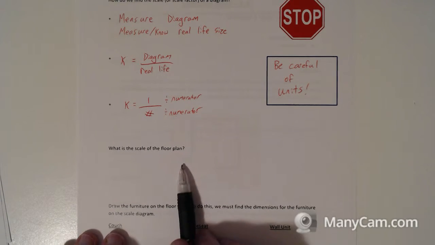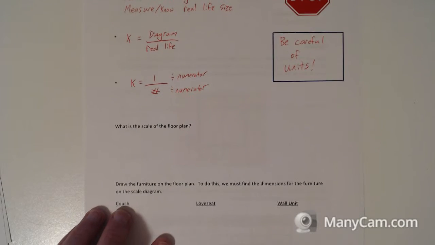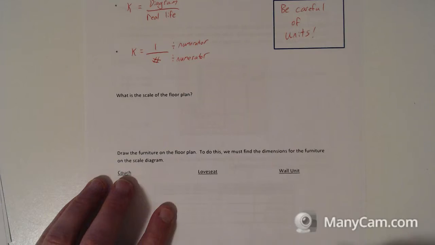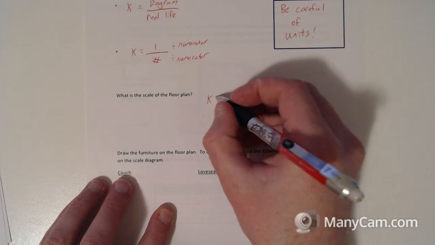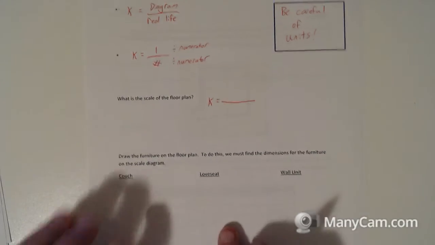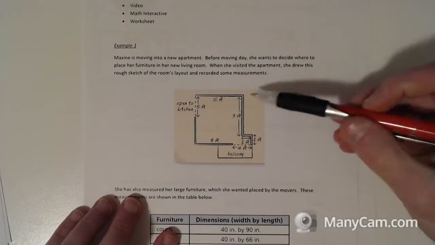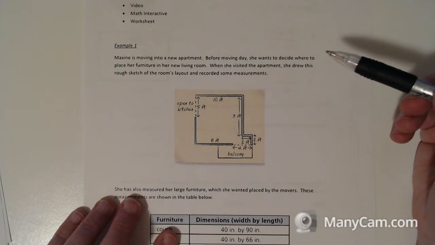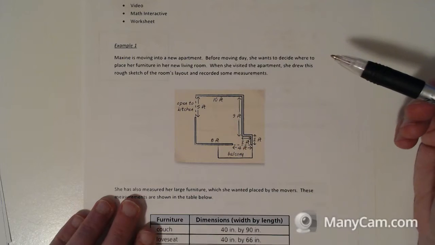So what's the scale diagram in your floor plan? I don't have a ruler on me, so I'm going to leave this for you guys to finish this exercise. But I'll set it up for you. So you're going to do K equals. Okay, measure the diagram. First, we need something that's consistent. Maybe we'll use this 10-foot length right here. That one seems to be easy to measure, and it's supposed to be 10 feet in real life.